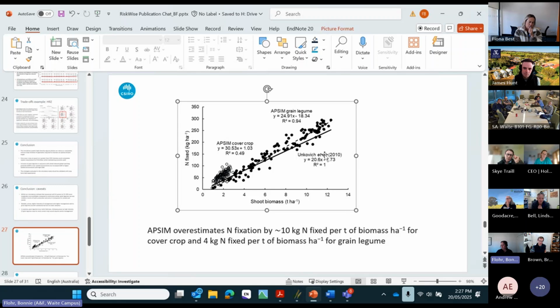The Unkovich 2010 paper had a range of N fixation versus shoot biomass data, and we plotted that, and then we plotted our APSIM outputs against that and found that APSIM overestimates N fixation by about 10 kilos of N per tonne of biomass for the cover crop. And it was slightly better for the grain legume, at 4 kilos of N per tonne of biomass.